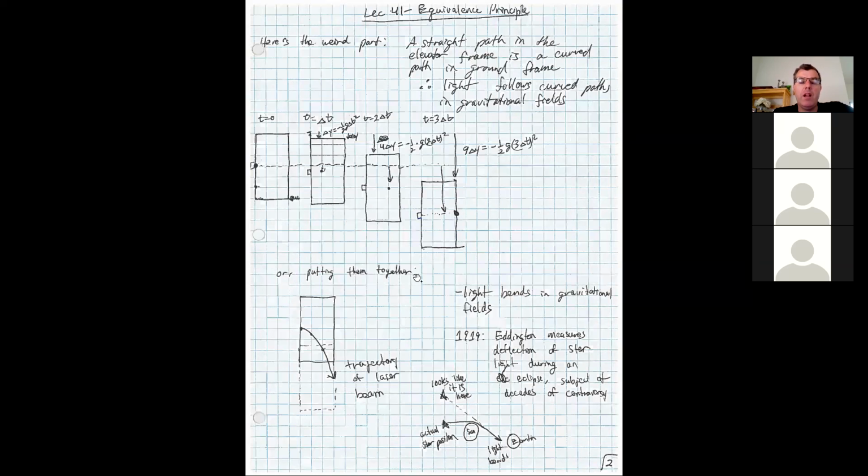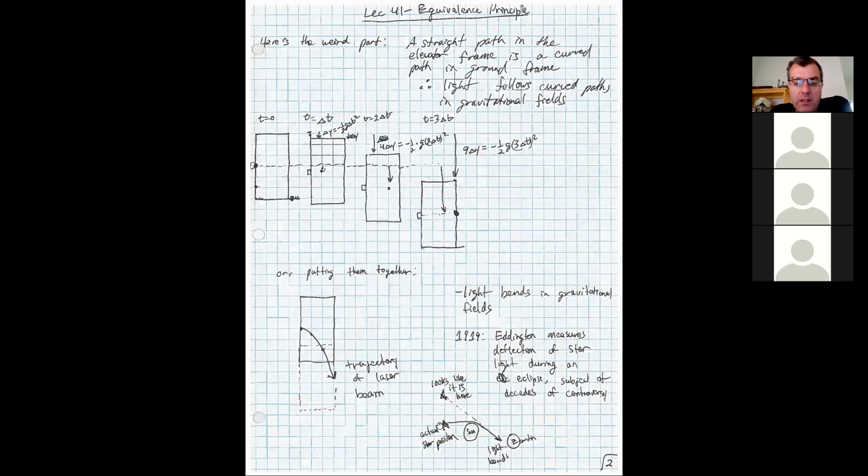So to the people on the ground, the people looking through the window of the elevator, they are in a non-inertial reference frame because they let go of something that falls. That's the result of gravity. They see the light taking a curved path. And this is a prediction of relativity, and this prediction of relativity was verified in 1919. In 1919, there was an eclipse. And so somebody looked at a star that should have been right near the sun.